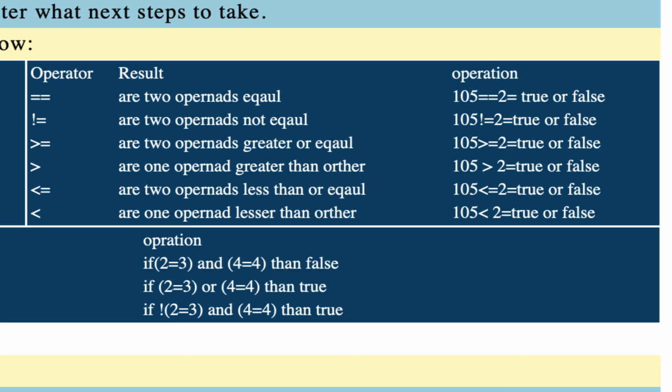For example, if I say if 2 equals 3 and 4 equals 4, what is the result? That is false, because in AND both of them should be right. So we check two conditions. If both conditions are true, the result is true, but if one of the conditions is false, it is false.